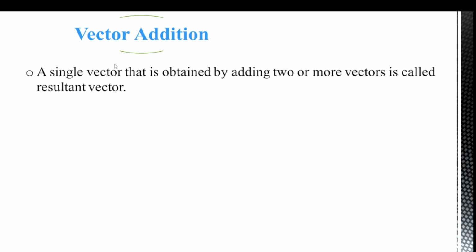A single vector that is obtained by adding two or more vectors is called the resultant vector. Now, next, we'll see how we can find a single vector graphically.